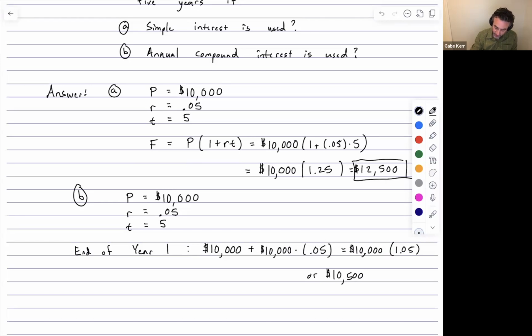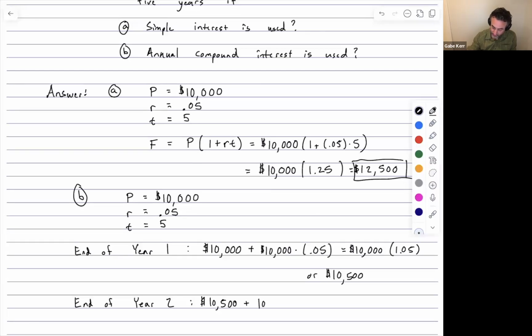Now, what about the end of year two? At the end of year two, what happens? Well, the bank doesn't say, I'm going to pay interest on your initial 10,000. The bank says, okay, you had 10,500 at the end of year one, so you're going to have that much in the bank, and they're going to pay you the interest on your total balance at the end of year one.